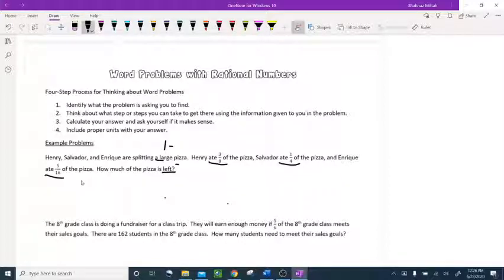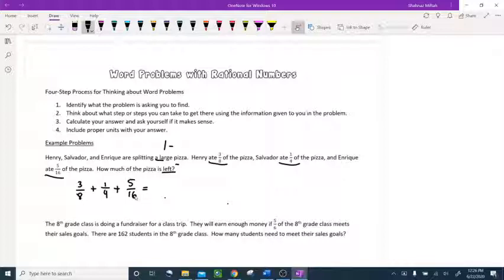So let's do this. First step, let's add all the pieces of the pizza that they ate. So 3/8 Henry ate plus 1/4 Salvador ate plus 5/16 Enrique ate. So when we add them together, let's see what we find.